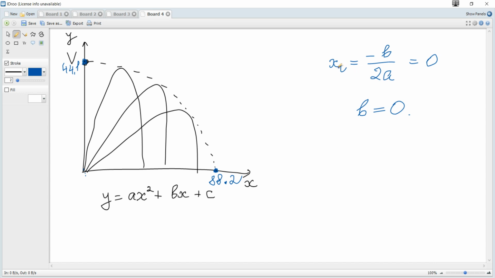We let it be x of point v, or you may say axis of symmetry, or x coordinate of vertex. So b is 0. You can see that c is what? It's when x is 0, it's the y-intercept. So y of 0 is c, so c is 44.1.